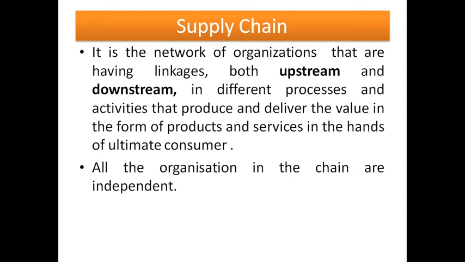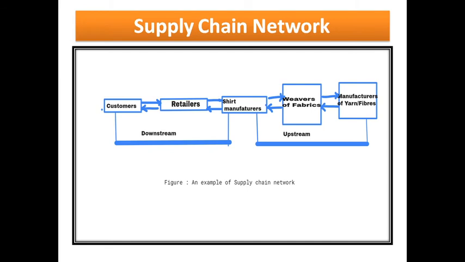Now what is upstream and what is downstream, I am showing with an example. Say this is a supply chain network example, where the product is the manufacturing of a shirt. The shirt manufacturer needs to procure fabrics from weavers.